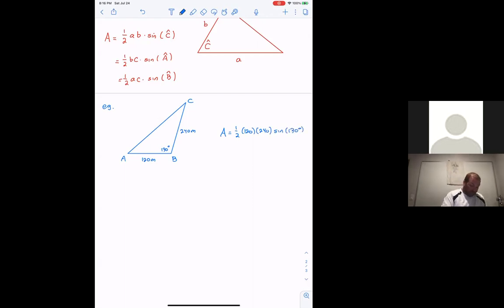So 1/2 times 120 times 240 times sine of 130 degrees. And it says to the nearest integer. So this becomes 11,031. And what are the units? Well, we have meters. So this is area, so it's square meters.